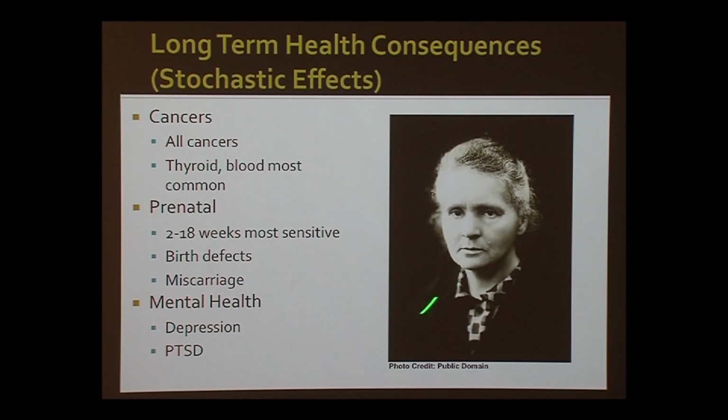So let's talk about some of the stochastic effects, okay, the long-term effects of radiation. Anybody know who this is? Yeah, Marie Curie. She won 2 Nobel Prizes for her research in radiation, one of the first women to win a Nobel Prize, and did a lot of great research in radiation that really propelled our science forward. Unfortunately, at the time, she didn't know, as nobody did, that radiation could have deadly health effects.